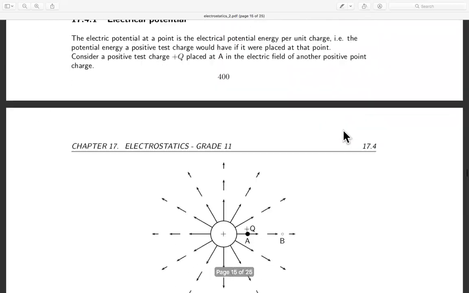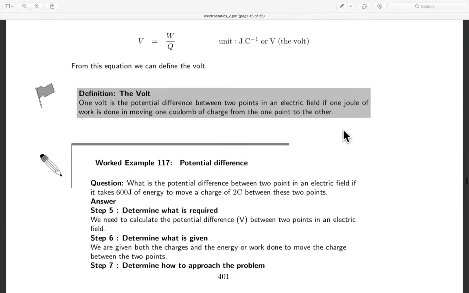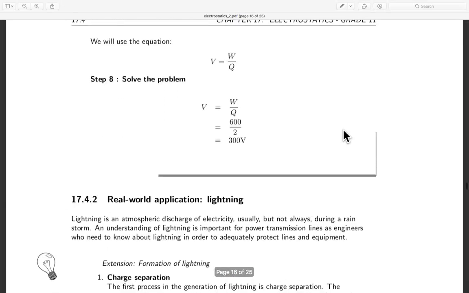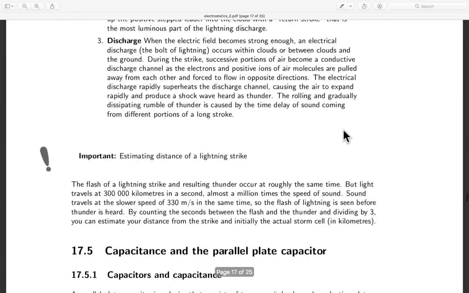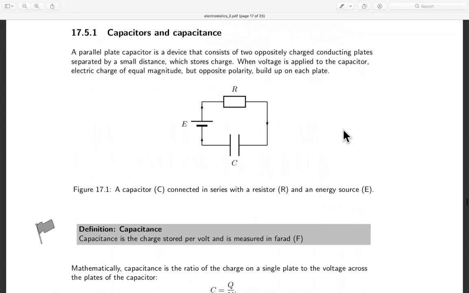Capacitors and capacitance. The capacitor is the object. A parallel plate capacitor is a device that consists of two oppositely charged conducting plates separated by a small distance, with stored charge.